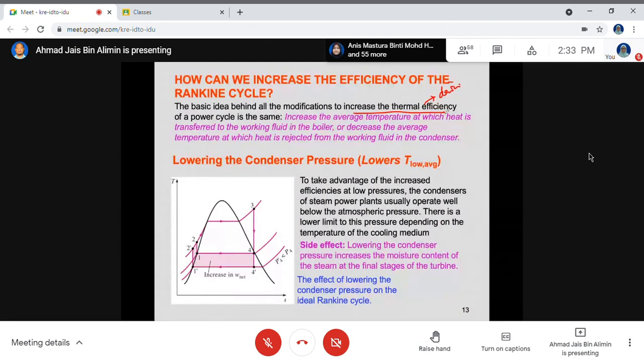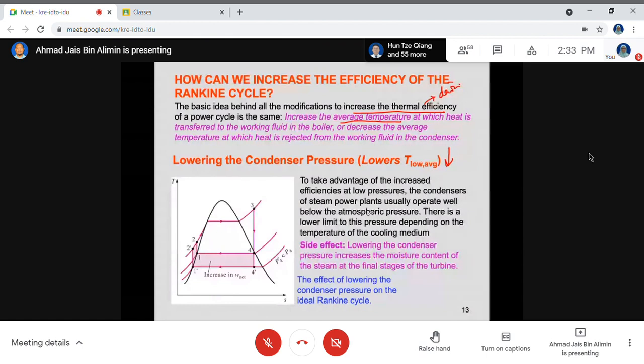Dan keduanya, dia akan berfokus kepada suhu. Contohnya yang dalam kes yang ini, kita rendahkan lagi suhu kondensasi. Lowering the condenser, rendahkan lagi tekanan condensation. Lowering the condenser pressure will help to lower the temperature.